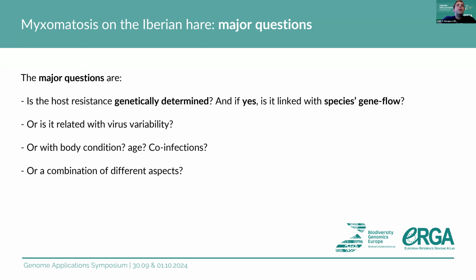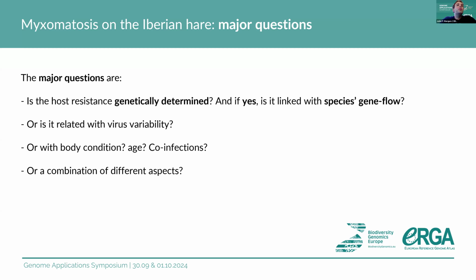And so we ended up with several questions. One is, is it really host resistance in this case, and is it genetically determined? And if yes, is it linked somehow with this historical gene flow between species?